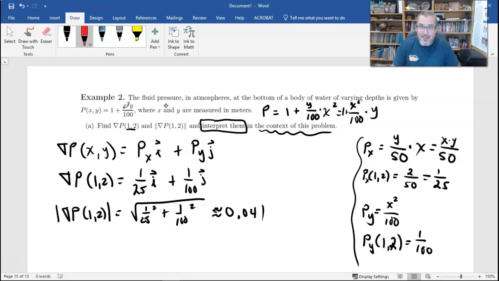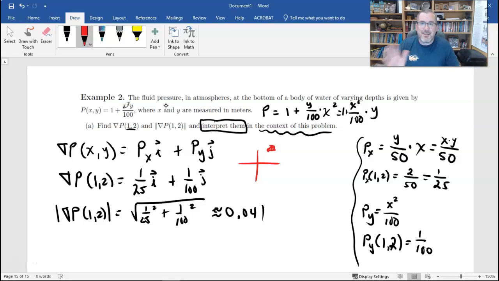At that point, the critter should move in the direction of this vector in order to see the greatest rate of change. So at the point 1, 2, I should move in the direction of 1/25th in the I direction, 1/100th in the J direction, not to scale. I should go that way in order to experience the greatest fluid pressure increase.